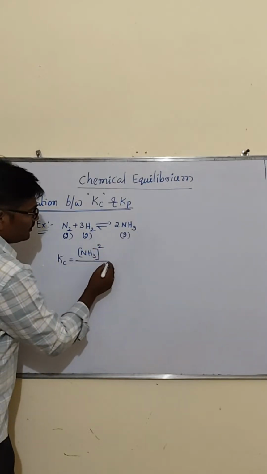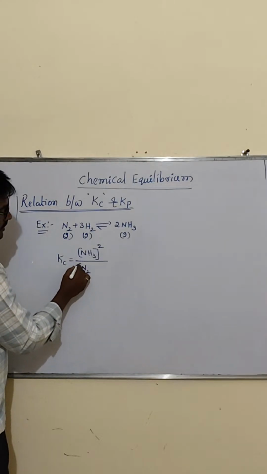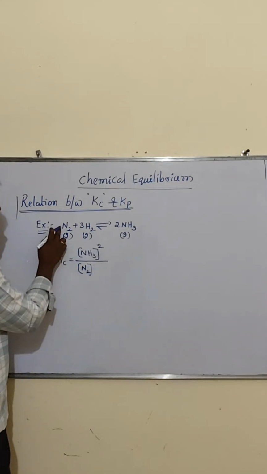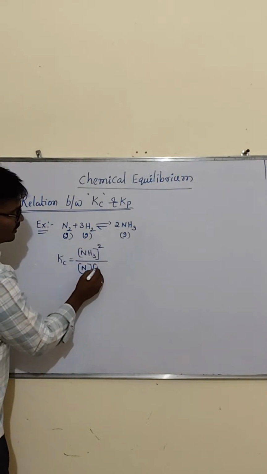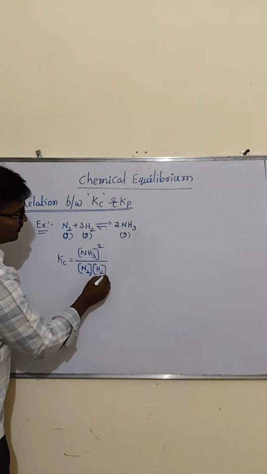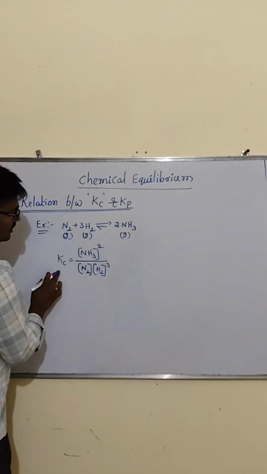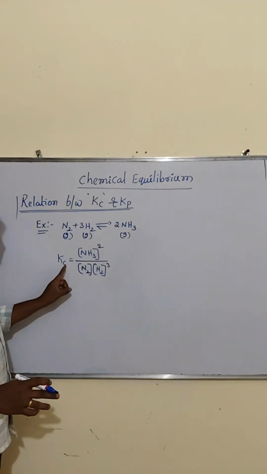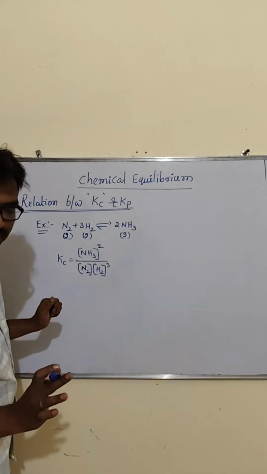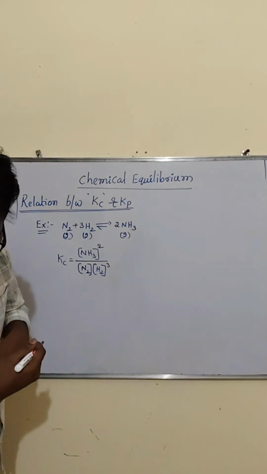Then divided by the N2 concentration, where the stoichiometric coefficient is only one so we need not mention it, and then hydrogen, where the stoichiometric coefficient 3 is there. This is actually the Kc. So remember, we have to express Kc like this. Clear, right?